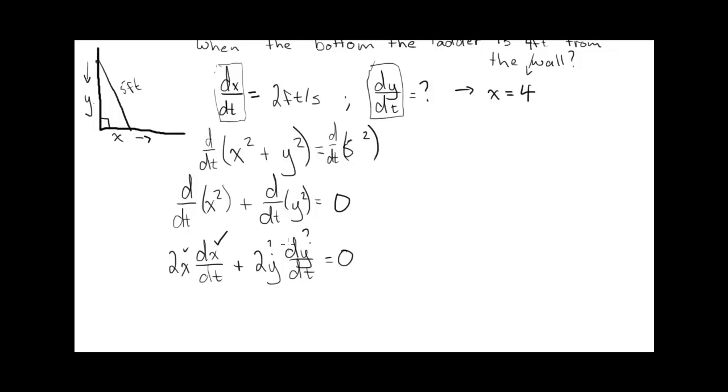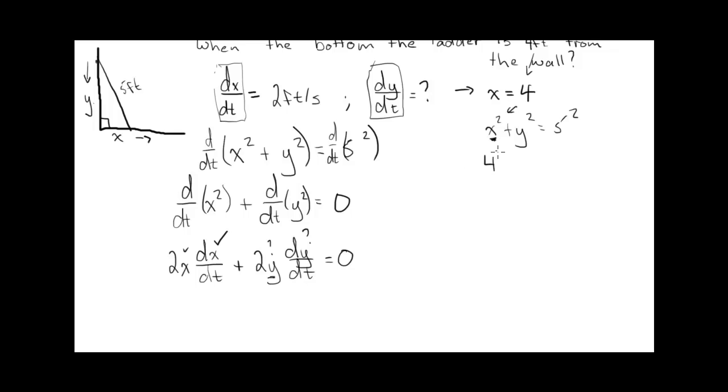So there's two things here I don't know. Well, that's no good. I can only have one unknown, but we can figure this out. We can figure out y. How can we figure out y? Well, remember, x squared plus y squared equals 5 squared. And we know that x is equal to 4.